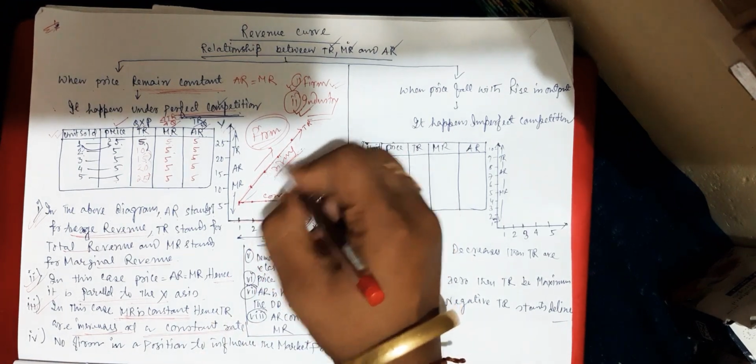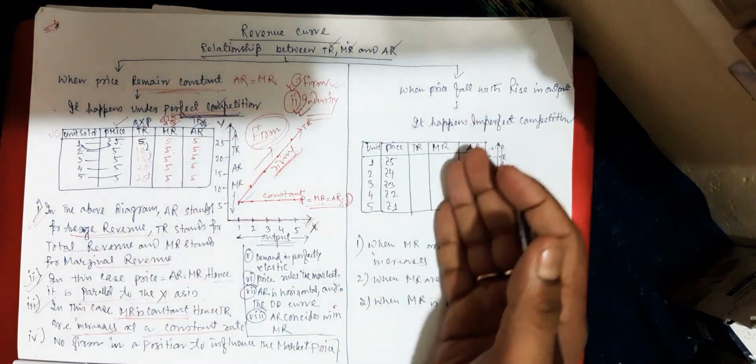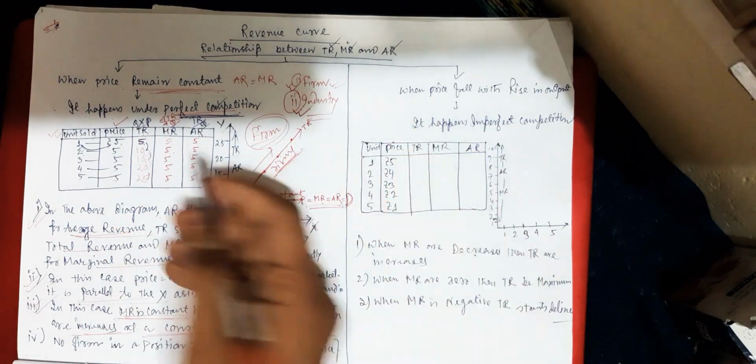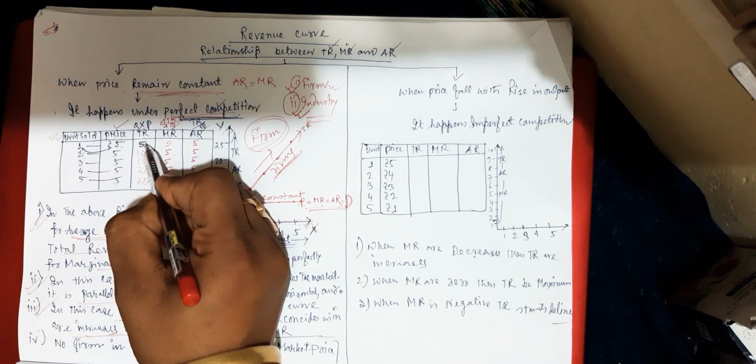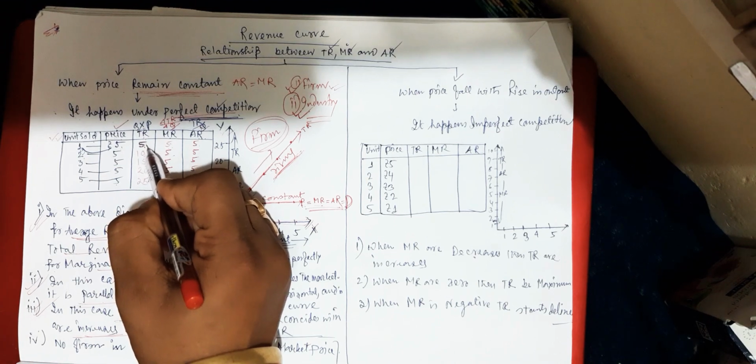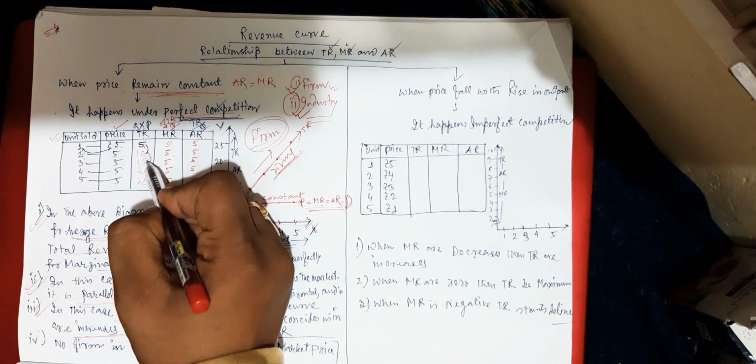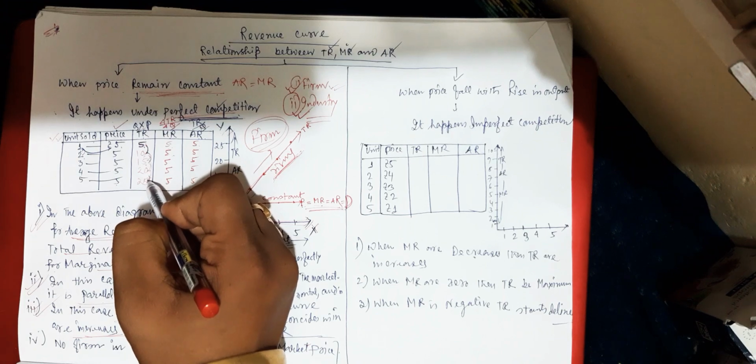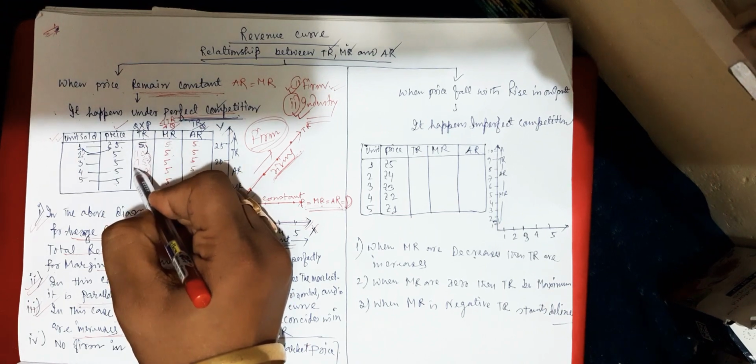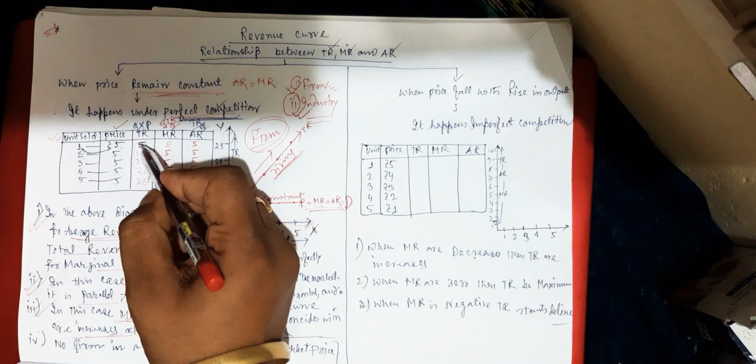Constant rate means the proportionate rate, at the same percentage. See, here TR is increasing from 5 to 10, next 15, next 20, next 25. It means the difference is only 5. There is no difference in the rising.